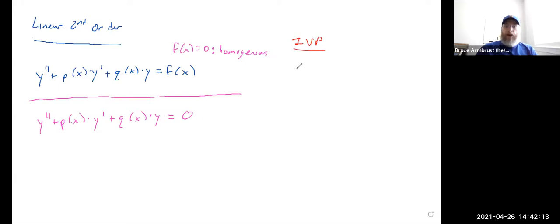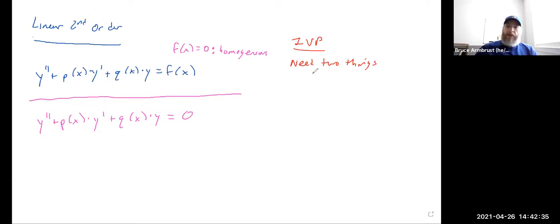For initial value problems, now you're going to need to know two things. When they were first order, we only needed one piece of information, right? You probably remember we only needed like y of 0 equals 5 or something like that.